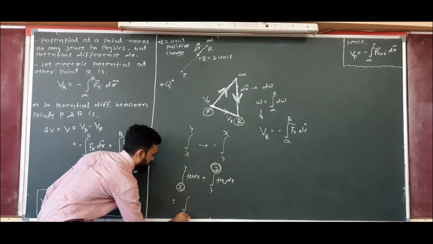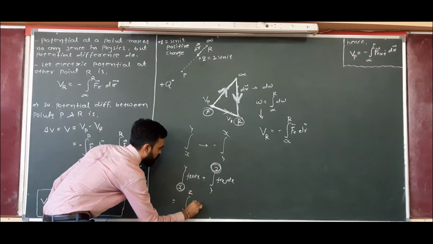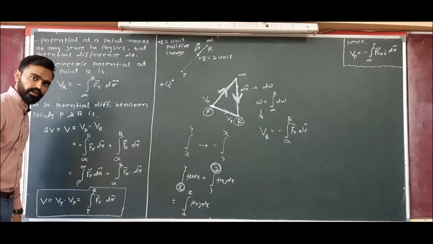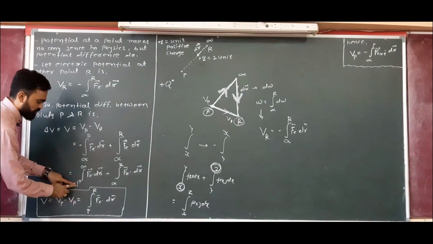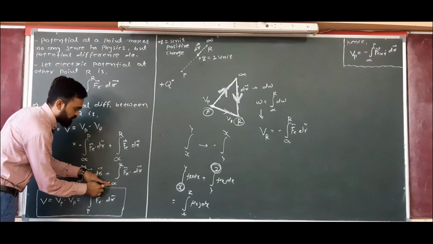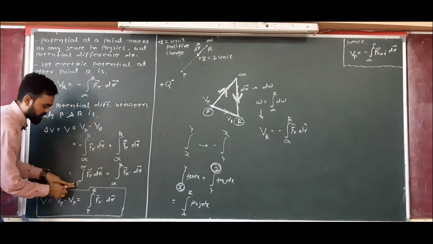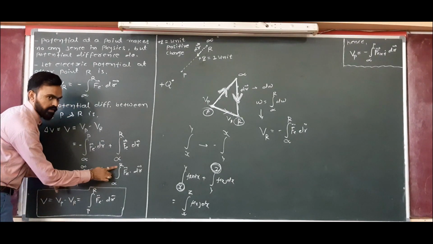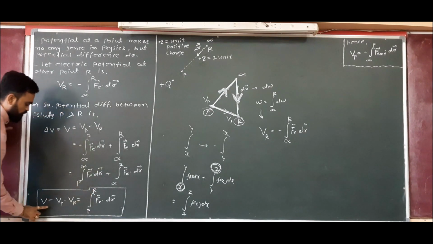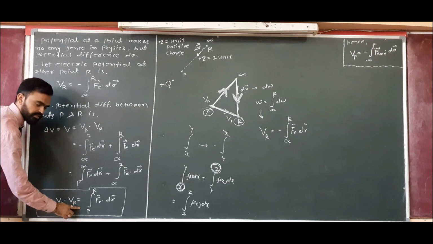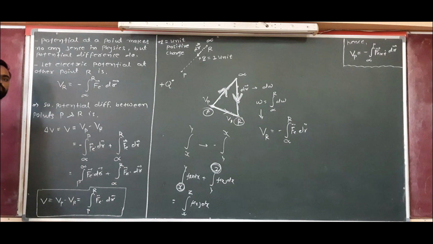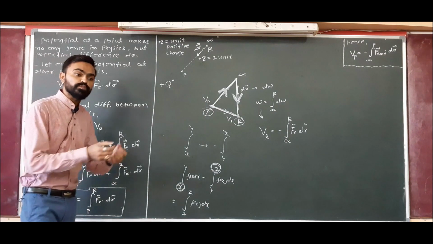So integration x to z f of x dx like this. Here too it forms something similar. Our initial limit is p, then we go to infinite. Again we start from infinite, then we go to r. That means the initial limit is p and the final limit is r. So we can write it as p to r directly, right? So the potential difference is equal to integration of p to r f into dr. This is the potential difference between two points.